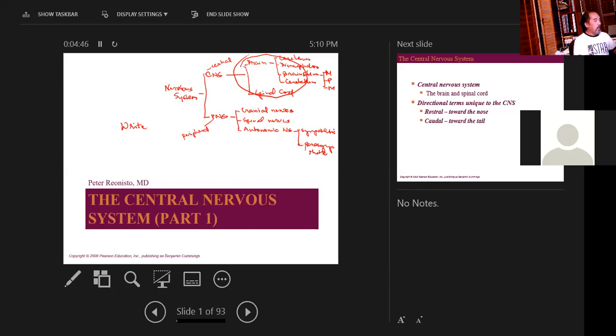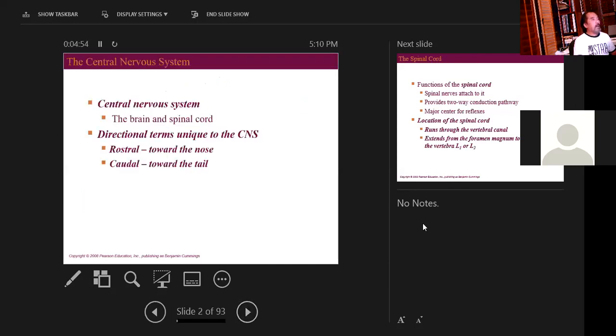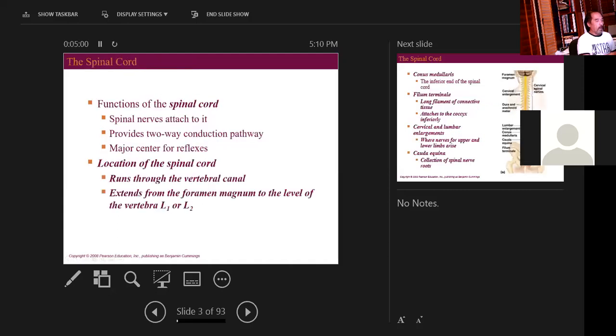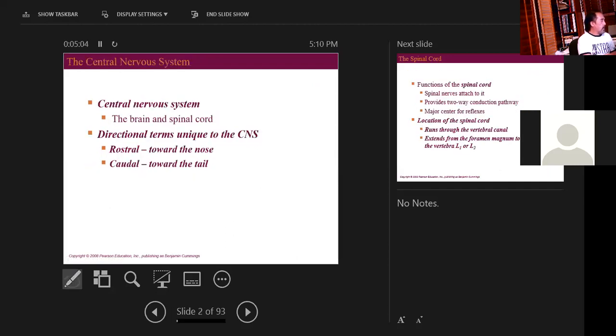Okay, so the central nervous system is divided into your brain and your spinal cord. Okay, so it's brain and spinal cord for the CNS.